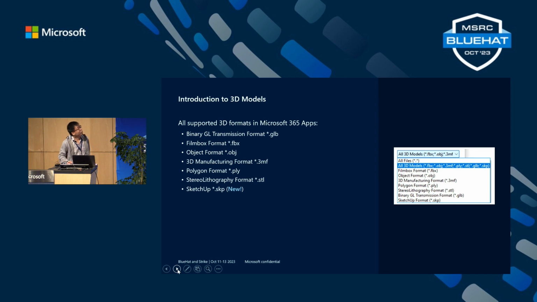Okay, let's move on to the introduction to 3D models. Within Microsoft 365 apps, there is a total of 7 supported 3D formats. As you can see, the SketchUp file format was newly added last year. Other 3D formats have been supported for many years.